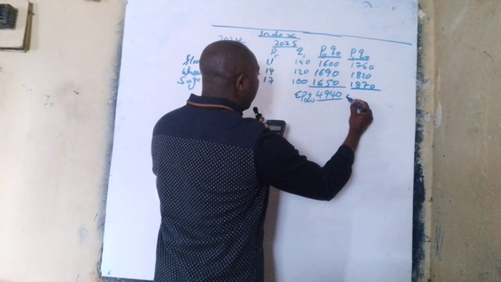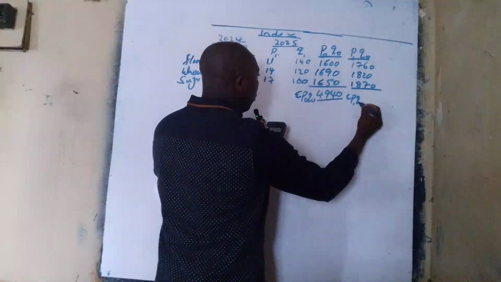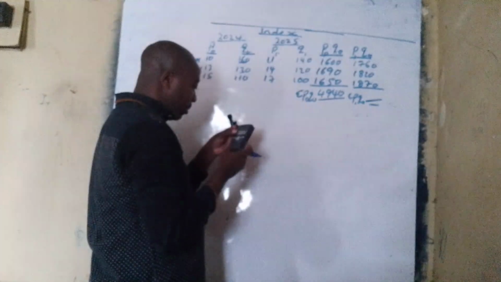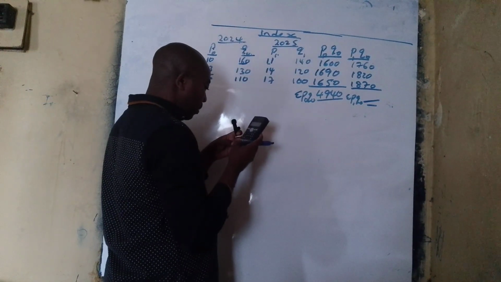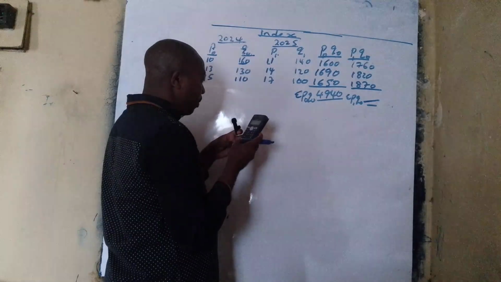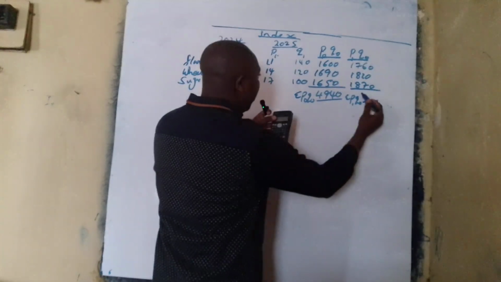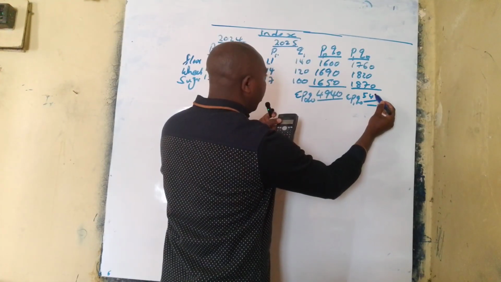Now, what is the summation of P1Q0? Summation means we sum it up. 1870 plus 1820 plus 1760. We get 5450.